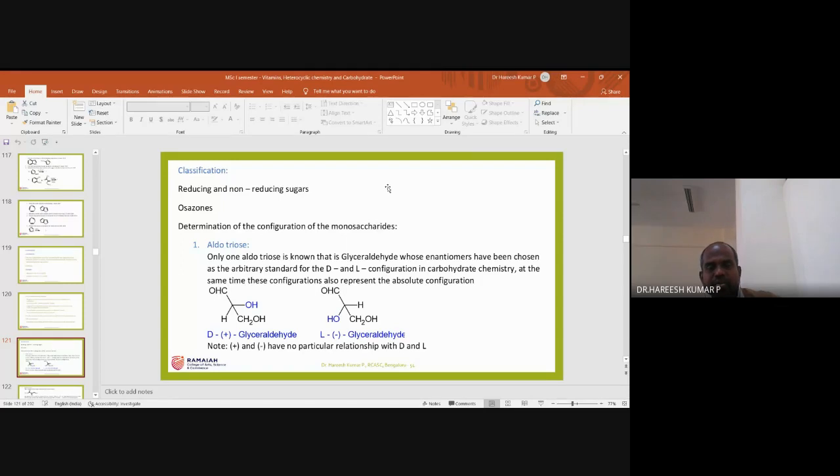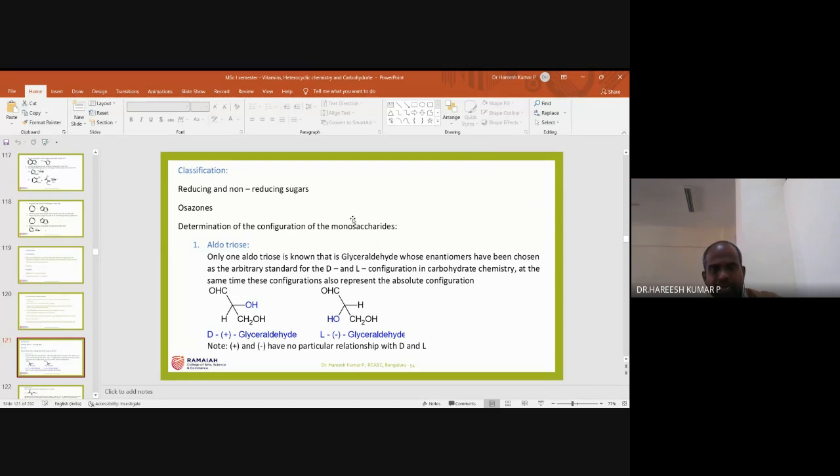These are the compounds which cannot be hydrolyzed further, whereas disaccharides and polysaccharides, on hydrolysis, give monosaccharides as the product. So monosaccharides are the carbohydrates which cannot be further hydrolyzed.